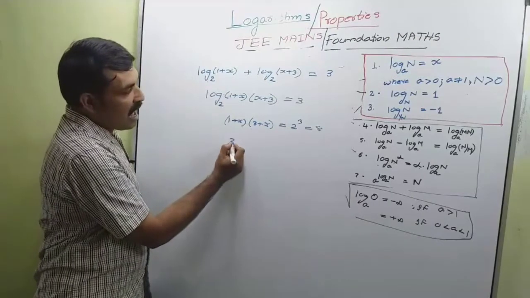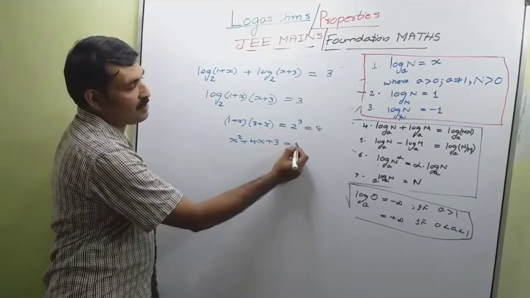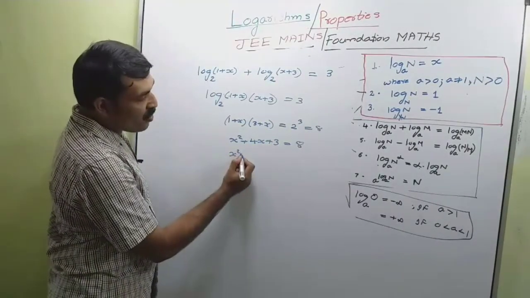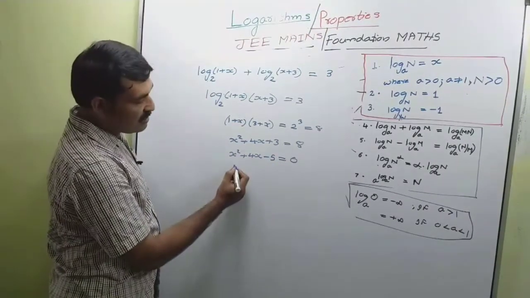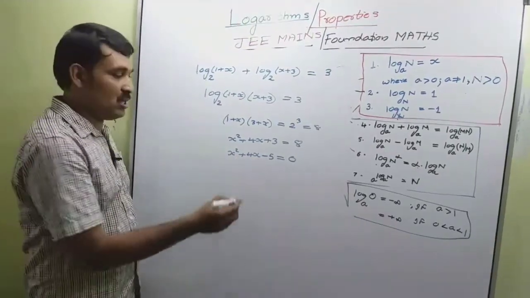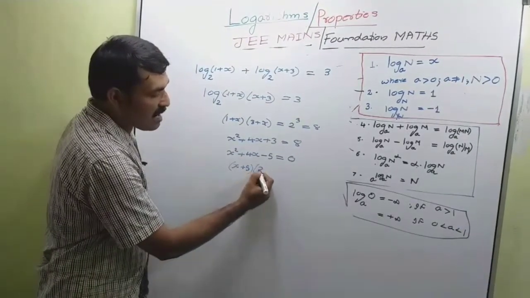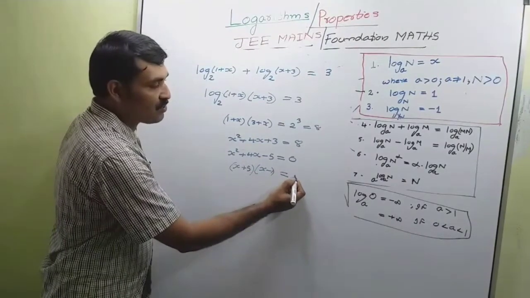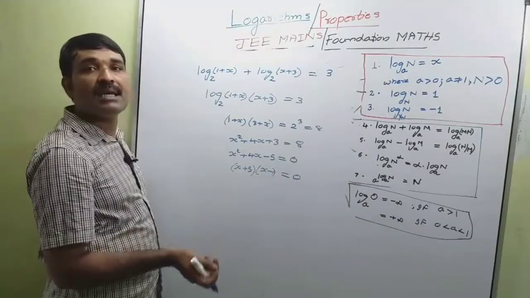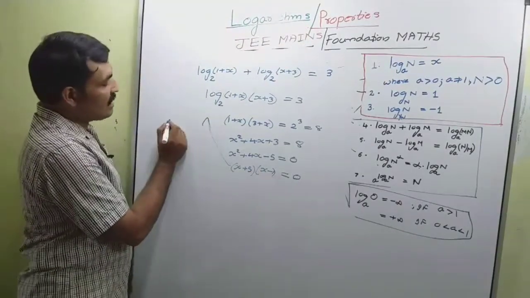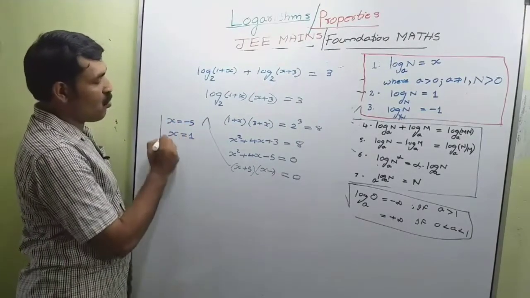Okay, this becomes x square plus 3x plus x plus 3 is equal to 8, or x square plus 4x minus 5 is equal to 0. Factorizing this quadratic equation, we get x plus 5 into x minus 1 is equal to 0. This implies either x is equal to minus 5 or x is equal to 1.